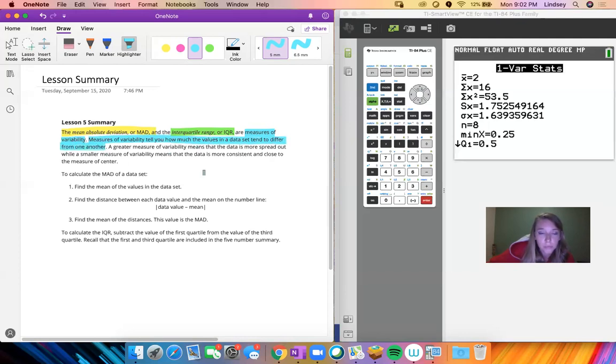There's a lot of important information because this is so small. The greater the measure of variability means the data is more spread out. The smaller the measure of variability, the data is more consistent and close to the measure of center.